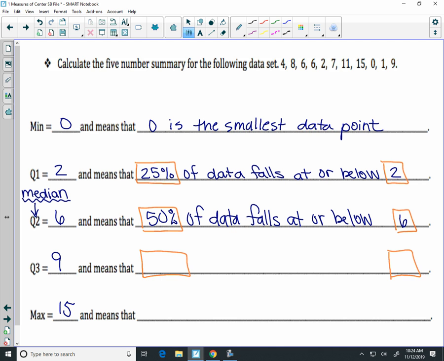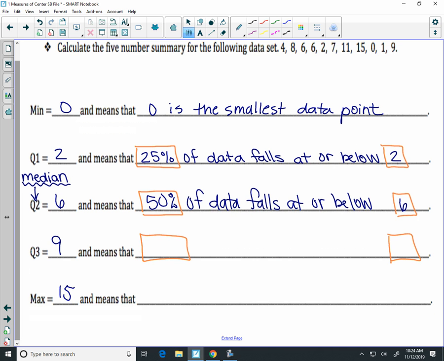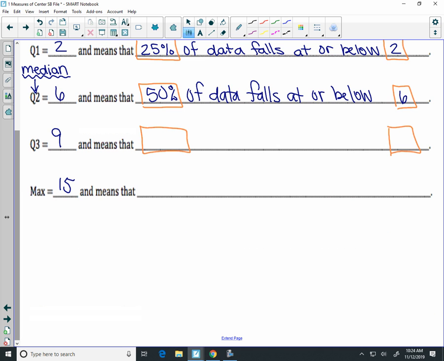And then quartile 3, honestly, I just think about quarters. 75% of our data falls at or below 9. And our maximum is 15 because 15 is the biggest number in our data set.